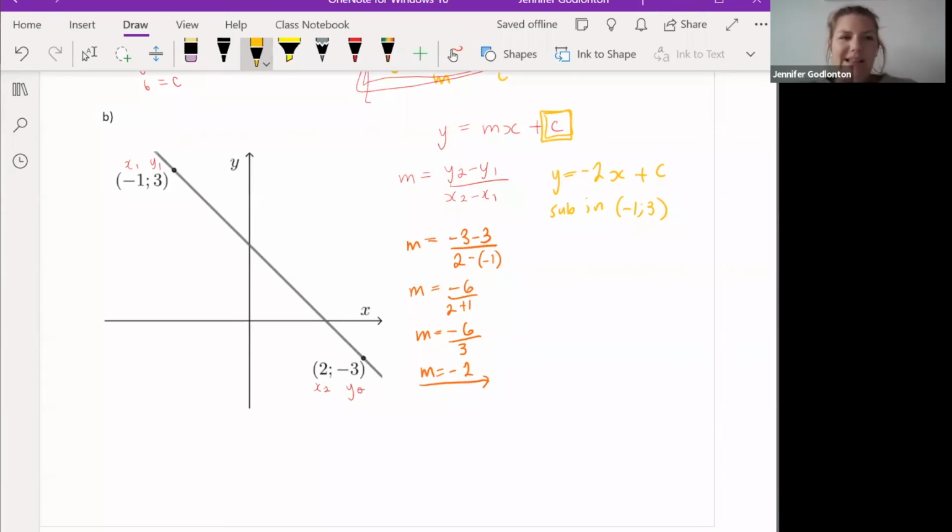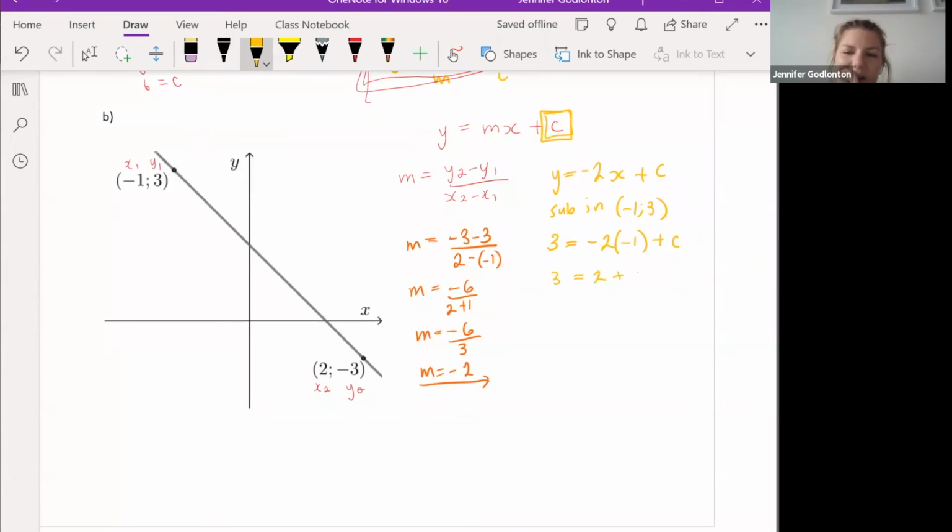Okay, so what does my next line look like? It's going to be 3 is equal to -2 brackets -1 plus c. Beautiful. Next line. Then it's going to be 3 is equal to 2 plus c.